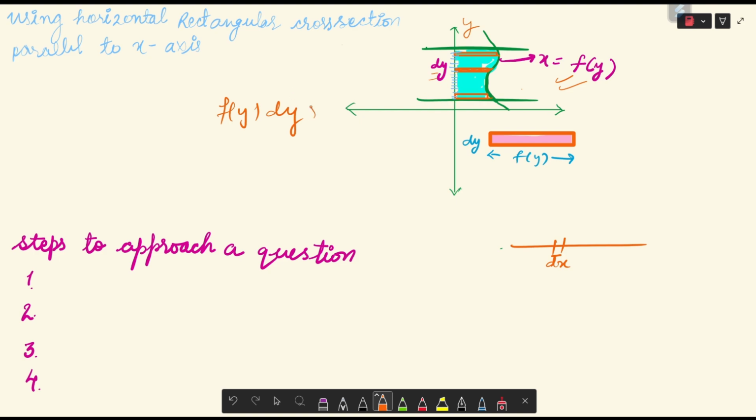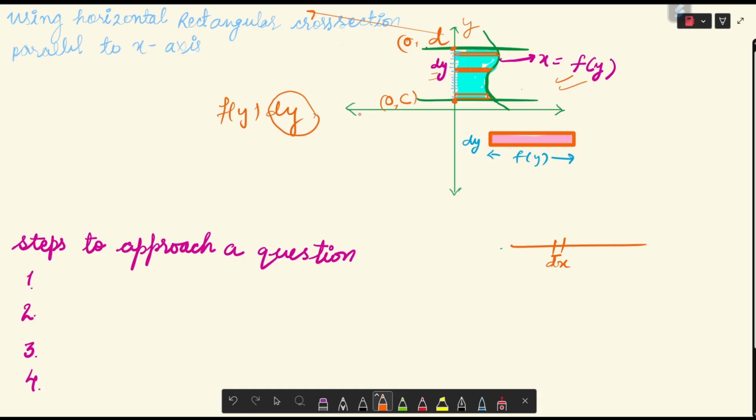y, so the limit will be of y. Suppose this point is c and this point is d, that is 0 comma c, and this is 0 comma d. So from where are we integrating?